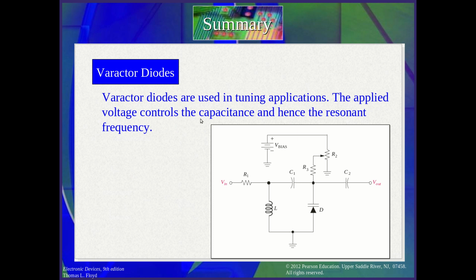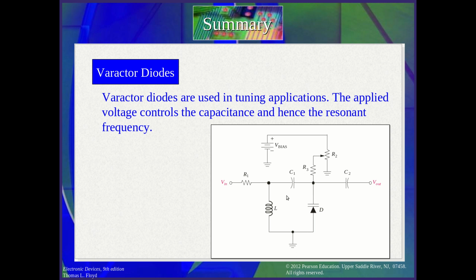Now this is another circuit for a tuning application. You can control the voltage that controls the varactor. This is the varactor. It has two lines, which is different from the normal diode with one line, or the Zener diode, which has small lines here and here.